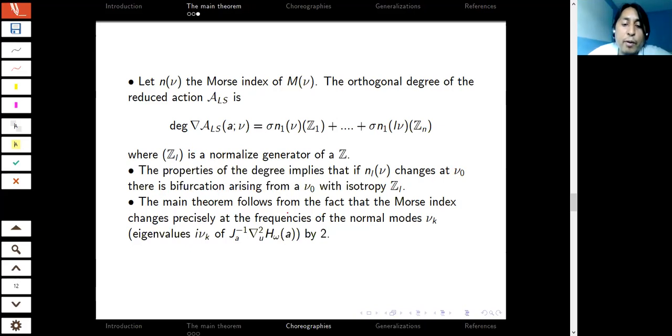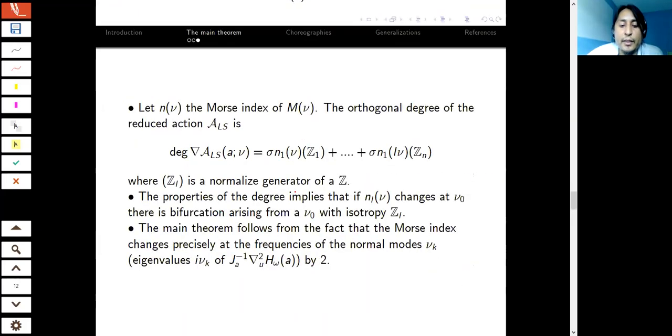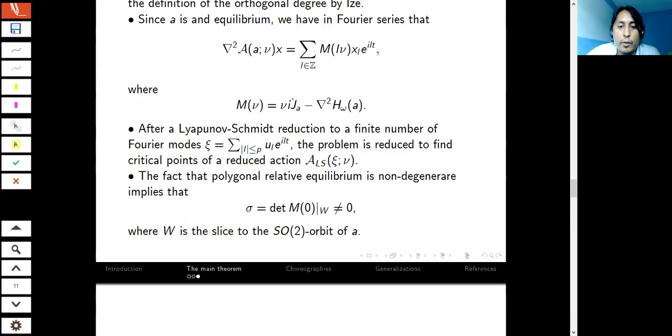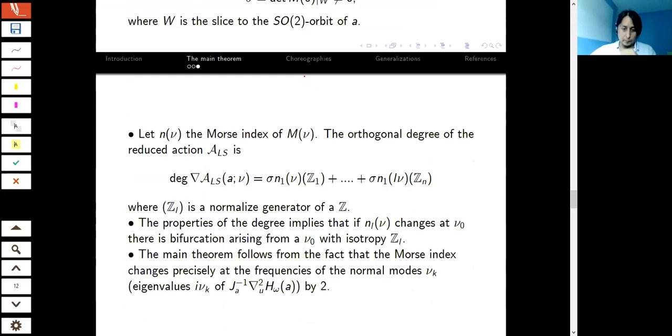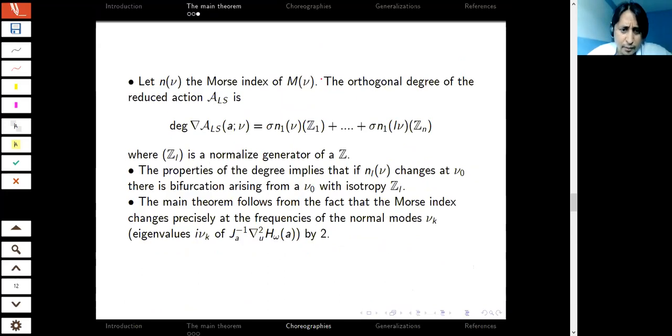So the main theorem follows basically from the fact that the Morse index of these matrices is changing precisely at the frequencies of the normal modes nu_k. You can see easily that nu is going to be an eigenvalue of this matrix if and only if nu_k is in the kernel of this matrix, just basically by multiplying this part to the right. Right? So that's the idea of how the theorem is proven.